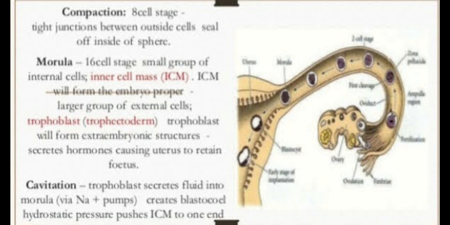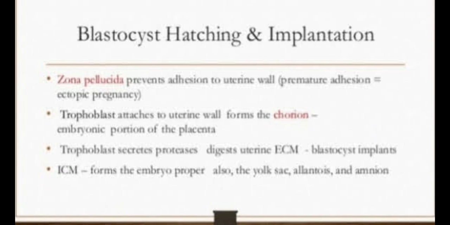The hydrostatic pressure pushes the inner cell mass to one end. Now, the morula is changed into a second stage, that is the blastula, via a process called blastulation.